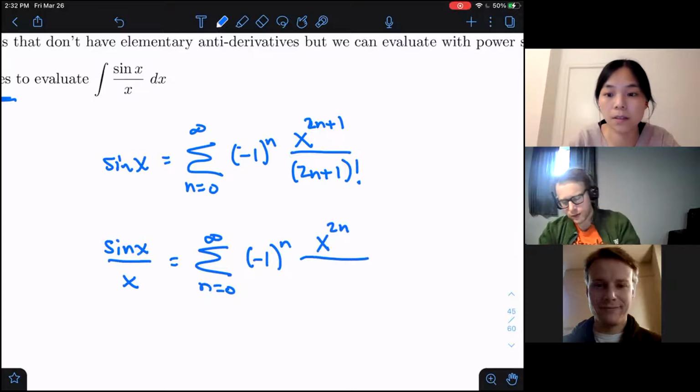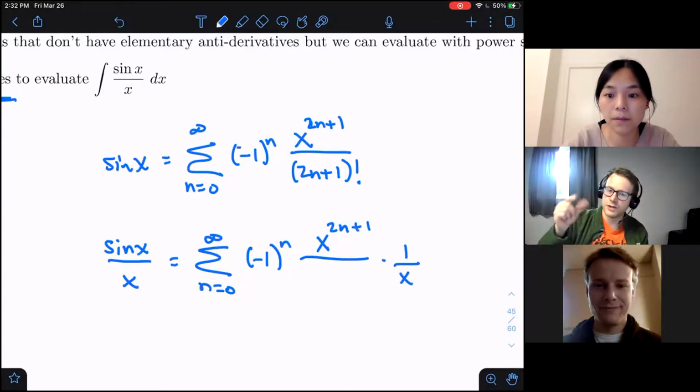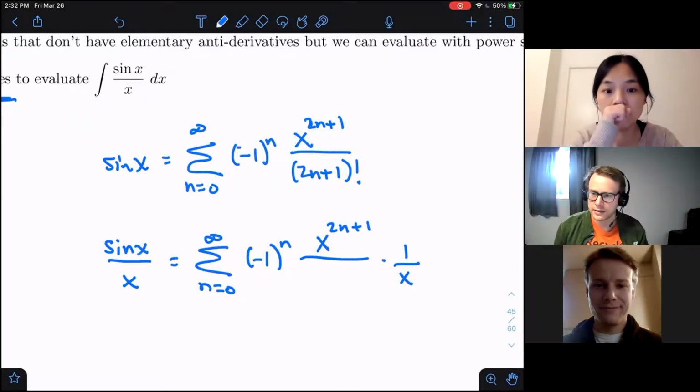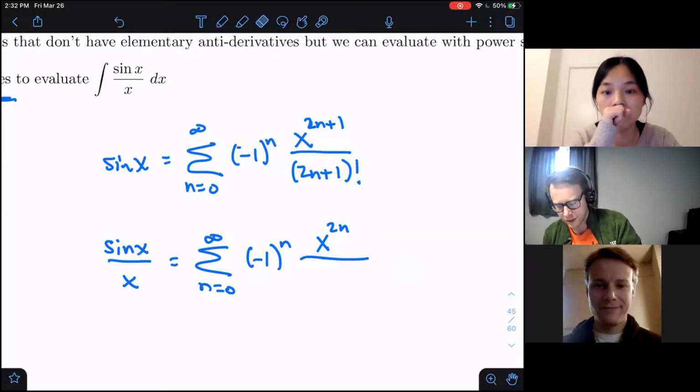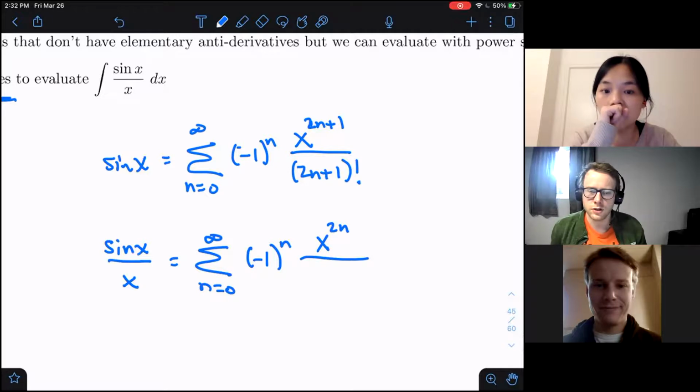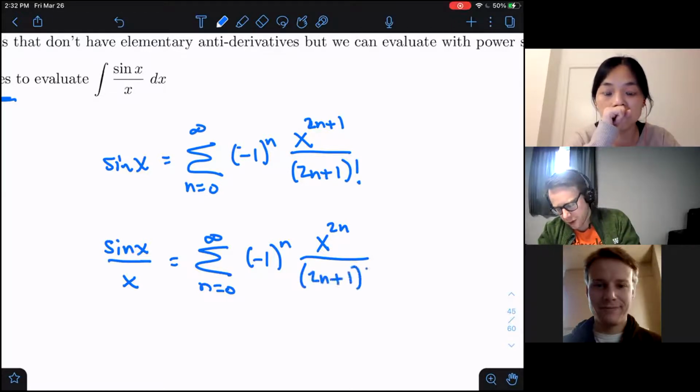The reason why is you had 2n plus 1 on top, and when you divide through by x, there's some cancellation. You have one x on the bottom and a lot of x's on top, so one of them gets canceled off, and you get x to the 2n. Still, you have division by 2n plus 1 factorial.